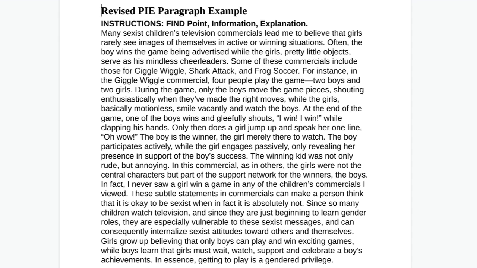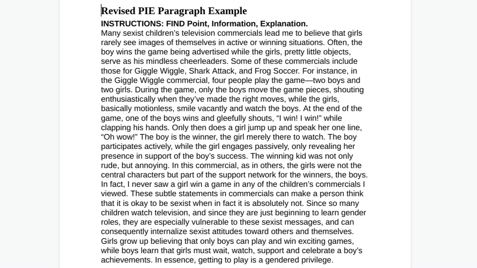For instance, in the Giggle Wiggle commercial, 4 people play the game, 2 boys and 2 girls. During the game, only the boys move the game pieces, shouting enthusiastically when they've made the right moves, while the girls, basically motionless, smile vacantly and watch the boys. At the end of the game, one of the boys wins and gleefully shouts, "I win," while clapping his hands. Only then does a girl jump up and speak her one line, "Oh wow."